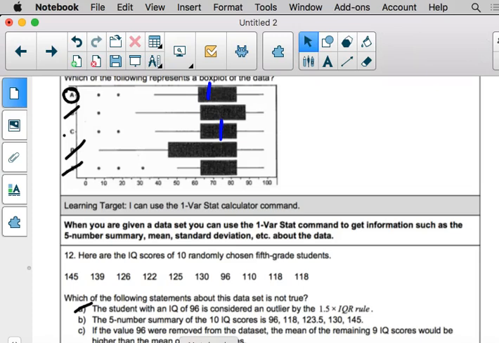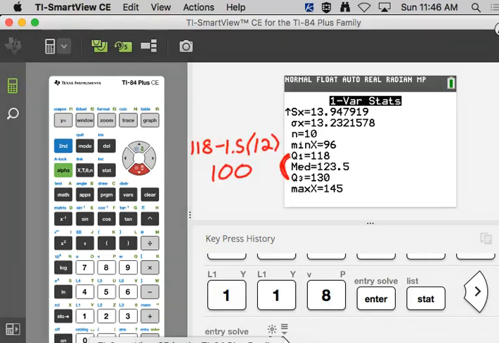The 5-number summary of the 10 IQ scores is, well, we could just look at the calculator for that. Min would be 96. Actually, this right here is your 5-number summary, and that does match what B is saying. If it's true, that means it is in fact not what we are looking for. If the value 96 were removed from the data set, the mean of the remaining 9 scores would be higher than the mean of all 10.